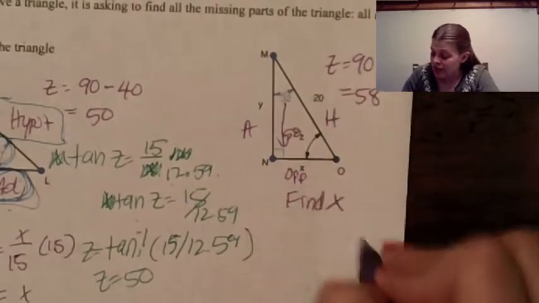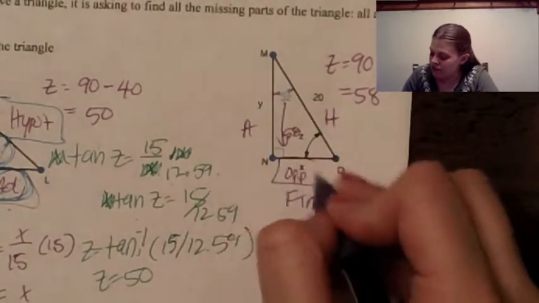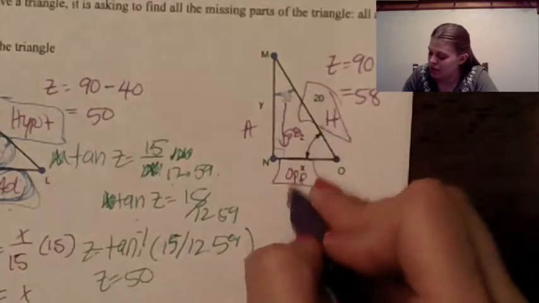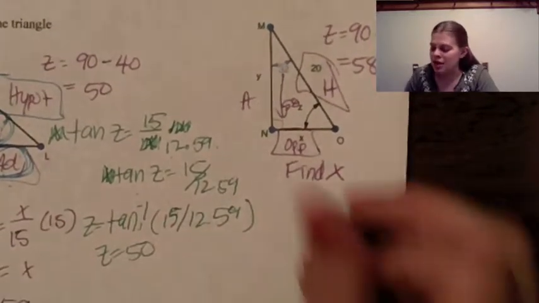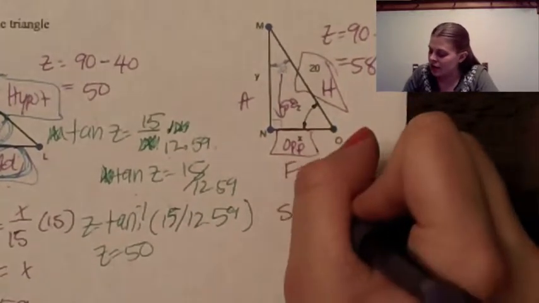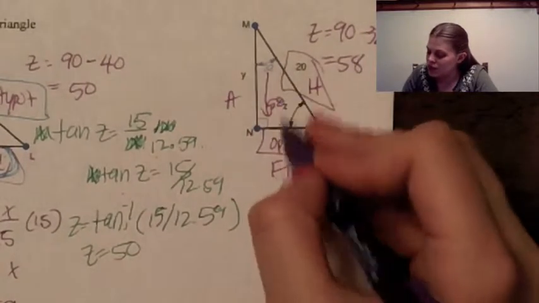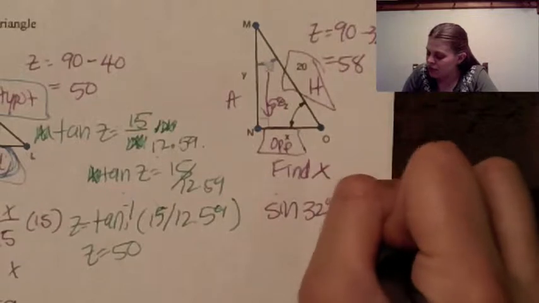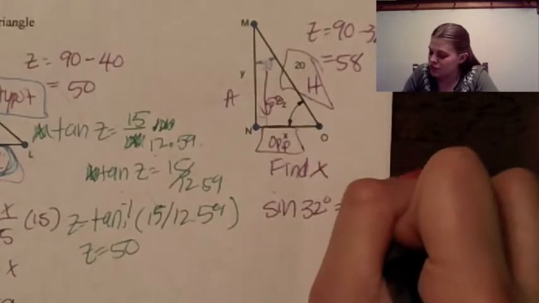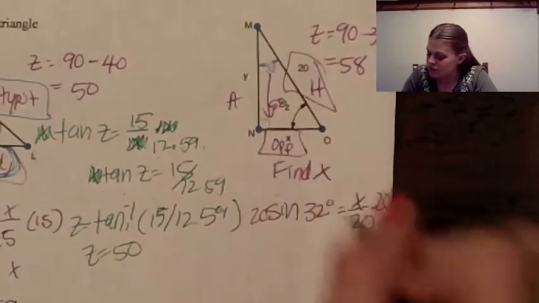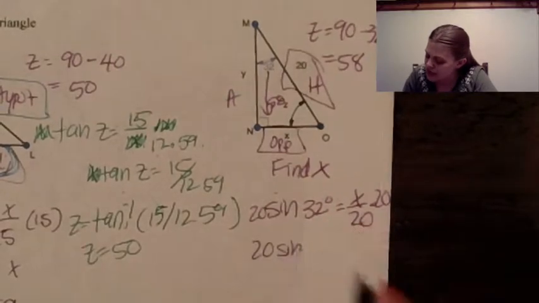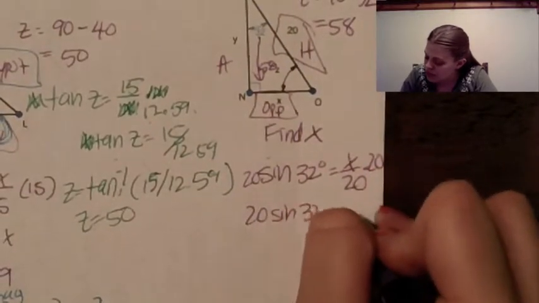To find x, I have the information of the hypotenuse and I want the opposite. Opposite and hypotenuse is sine. So sine of 32 degrees, because that's the angle I label it from, equals opposite, which is x, over hypotenuse, which is 20. I multiply both sides by 20, so I have 20 sine 32 equals x.